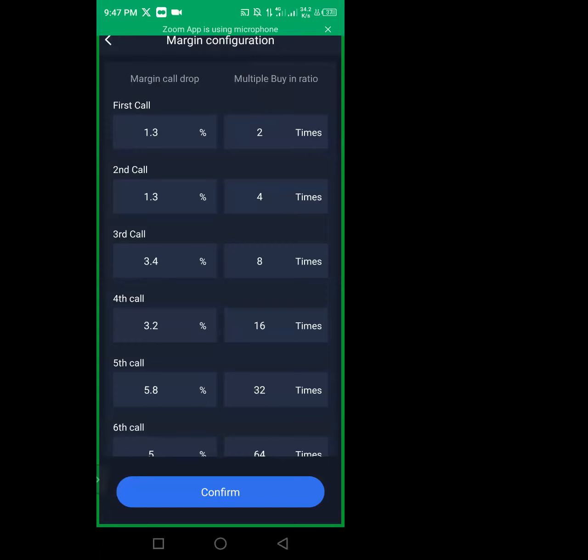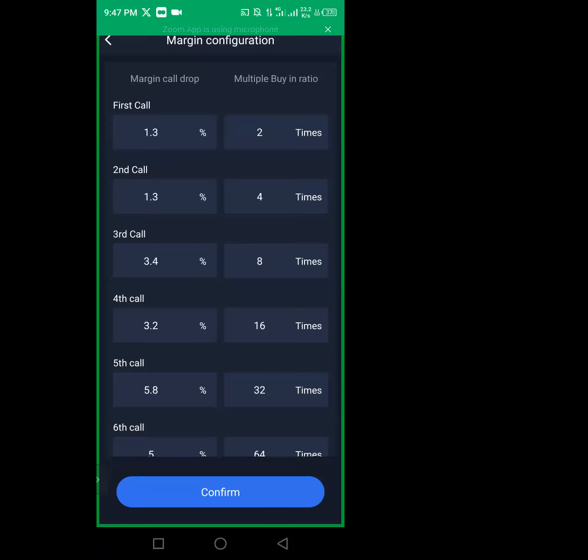In the definition of margin configuration, the two things I mentioned are the reduction in prices, which the margin call drop percentage has taken care of, and using some amount of USDT.